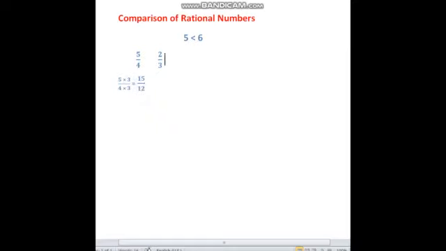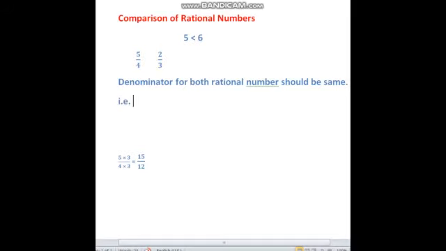Because what we need here is that the denominator for both rational numbers should be the same, and that same number is the LCM of 4 and 3, which is 12.